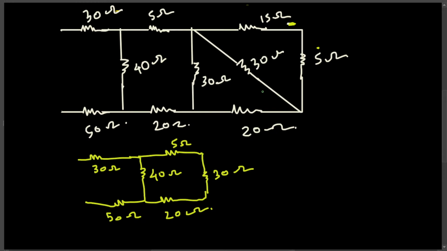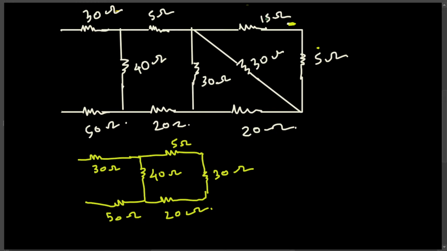Okay, let's keep it until this, and let's try to simplify the whole circuit. So here we have 15 and 5, that is 20. 15 and 5 are in series, so that equivalent resistance is going to be 20, because if it's in series we can add them together, so that's going to be 20 right here.